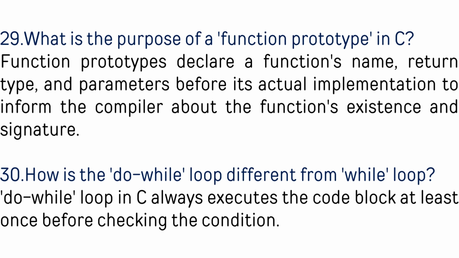What is the purpose of a function prototype in C? Function prototypes declare a function's name, return type, and parameters before its actual implementation to inform the compiler about the function's existence and signature.